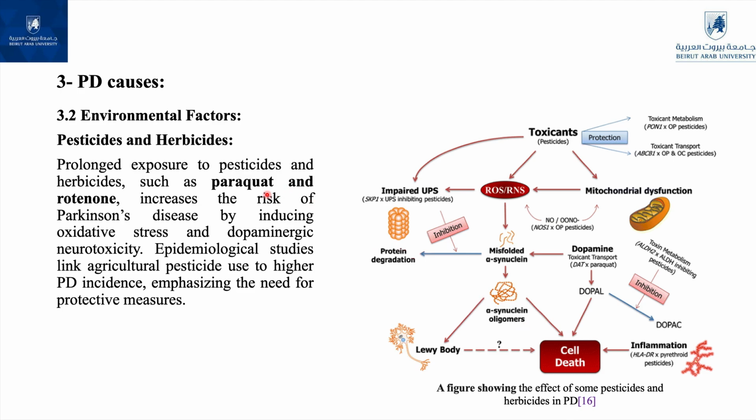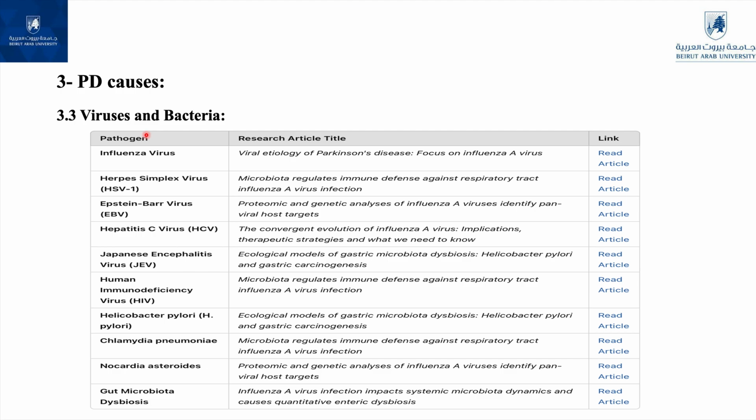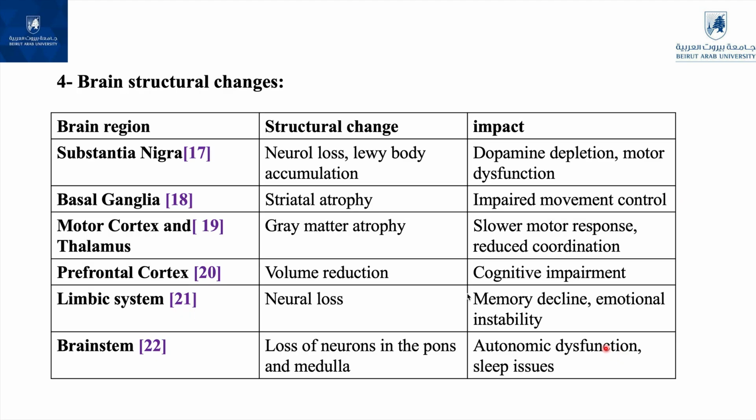So because of that, pesticides and herbicides should be controlled in agriculture. Here in this table you can see the different viruses and bacteria that can lead to Parkinson's disease. Okay, and here you can read about the articles.